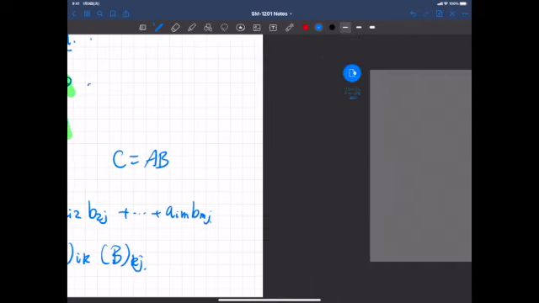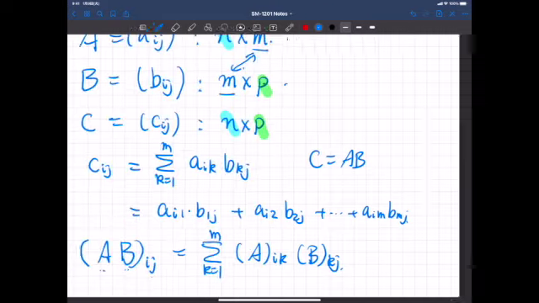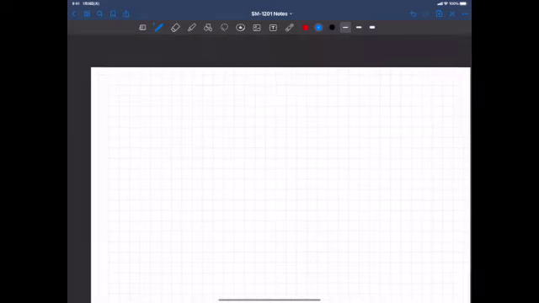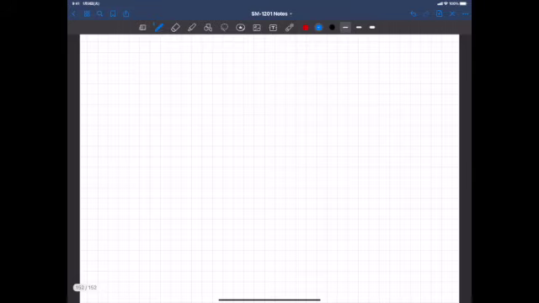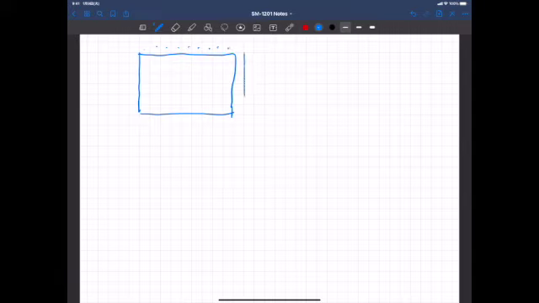Okay, so more intuitively, if we have a matrix of this size, let's say 1, 2, 3, 4, 5, 6, 7, 8, 9, then we have a matrix 1, 2, 3, 4, 5, 6, 7, 8, 9.